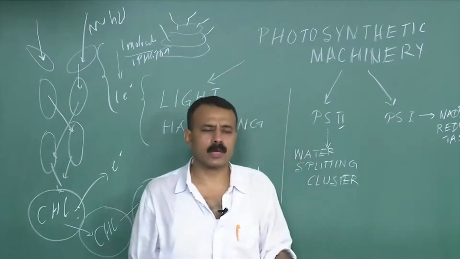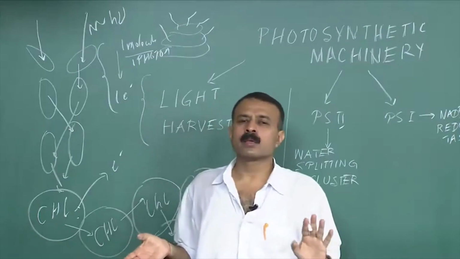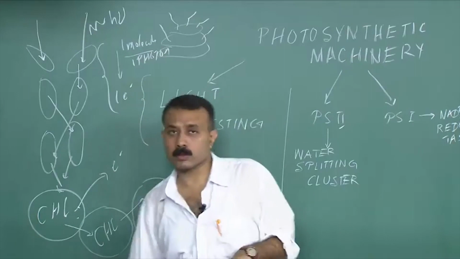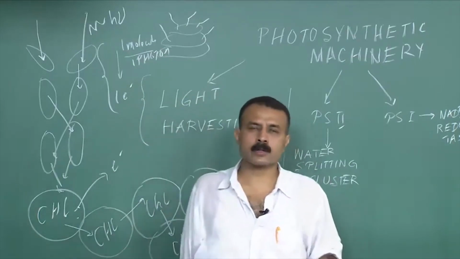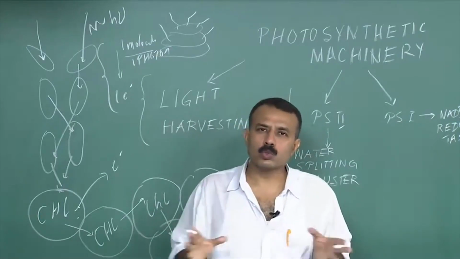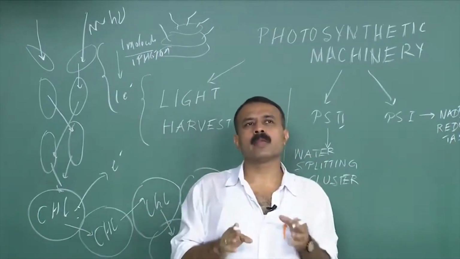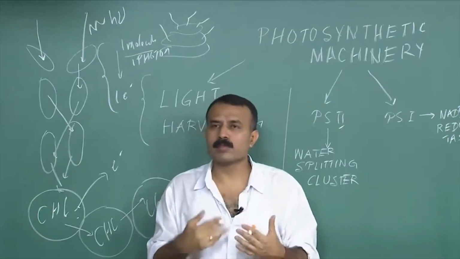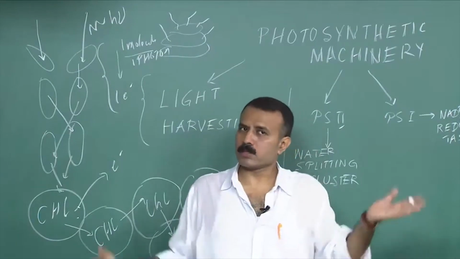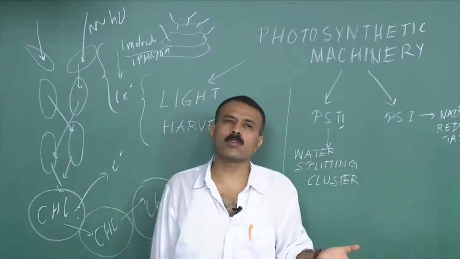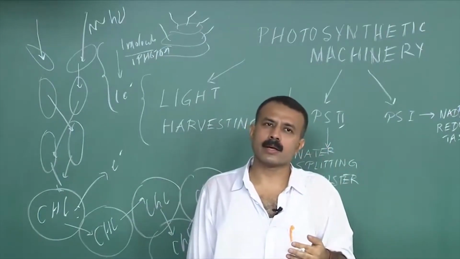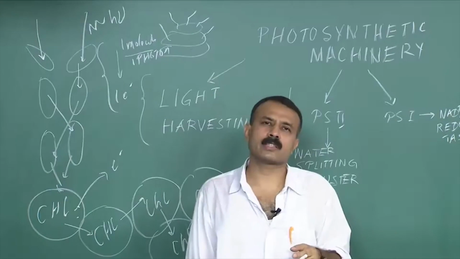One of the possible things which I can tell upfront is this: if there is a continuous ejection of electrons from these chlorophyll molecules, then as soon as a chlorophyll molecule ejects an electron, it behaves like a free radical. So, if there are too many at a place, it may cause self damage. This is all speculation, but possibly in order to avoid such self damage, nature has designed it in such a way that not all chlorophylls are reaction centers.